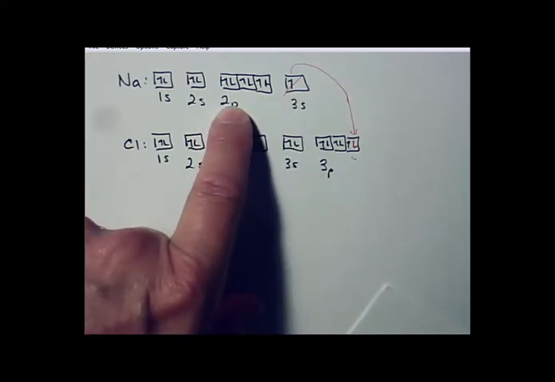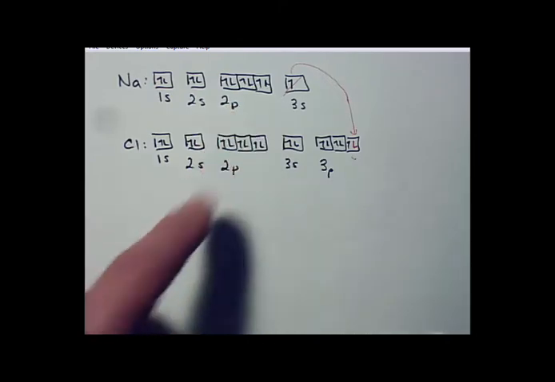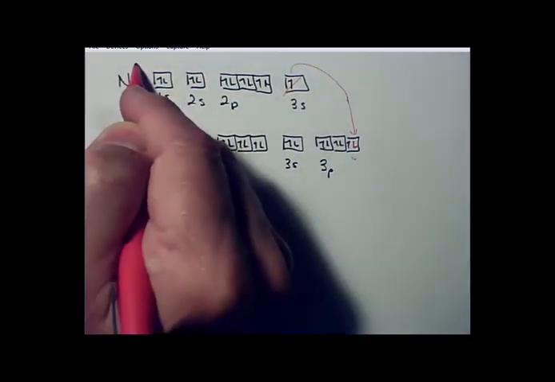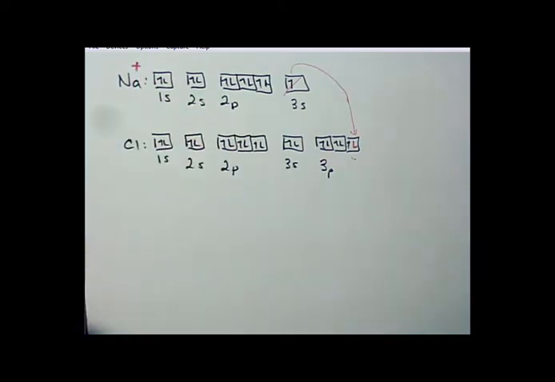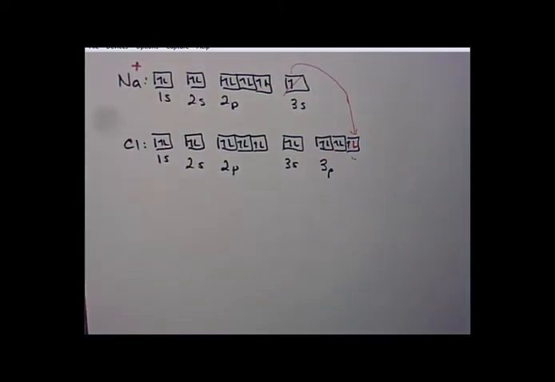What does that mean about the charge on the sodium? It's now positive, and you have to show a positive charge there. If it's lost an electron, it's a positive charge because it has one more proton than electrons. It's got 11 protons and only 10 electrons. Okay? You have to know that.